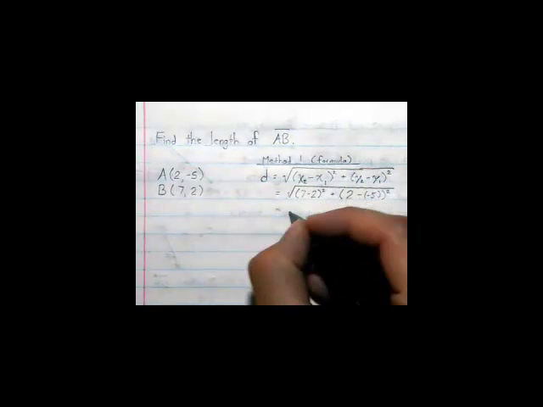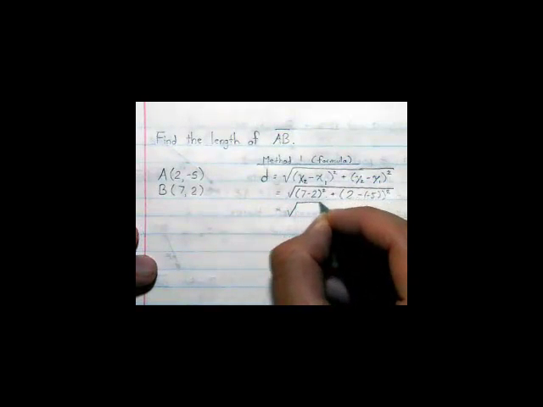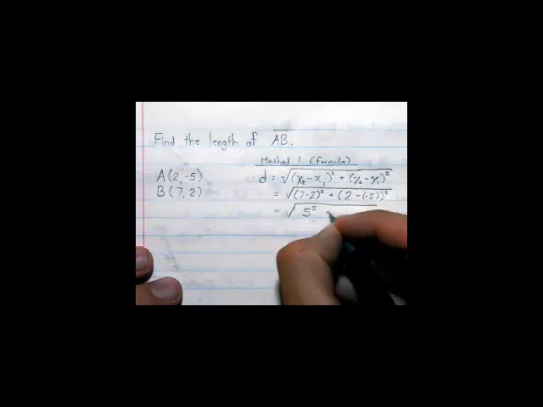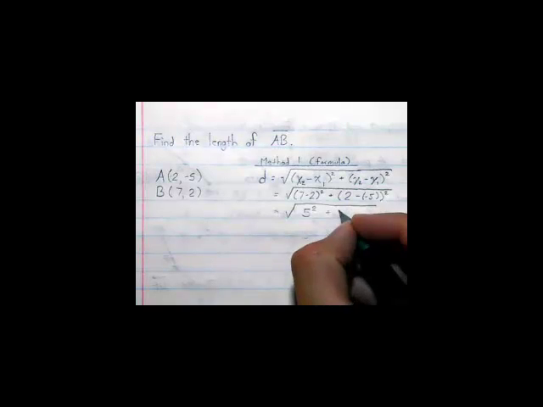All right, doing order of operations, I have to do my subtractions first. What's 7 minus 2? 5. Okay, so 5 squared. And what's 2 minus -5? That would be 7, right? 2 minus a negative is 2 plus, so 2 plus 5 is 7.